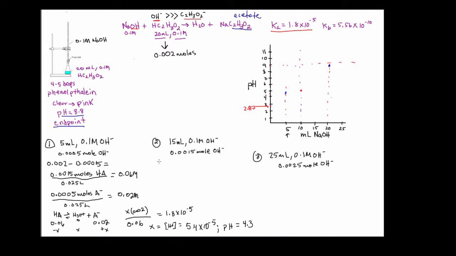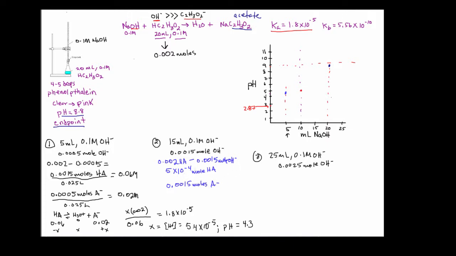In this case, we're taking 0.002 moles of the HA, and we're subtracting from that 0.0015 moles of the OH minus, and that's going to leave us with 5 times 10 to the minus fourth moles of HA, and we will end up with 0.0015 moles of the A minus.